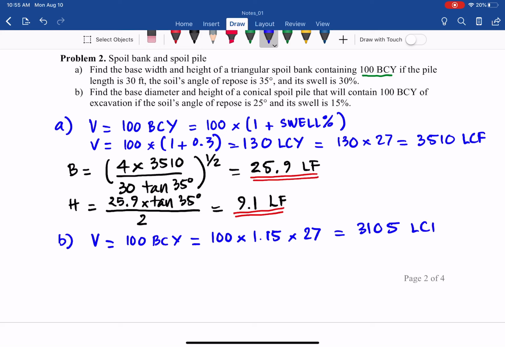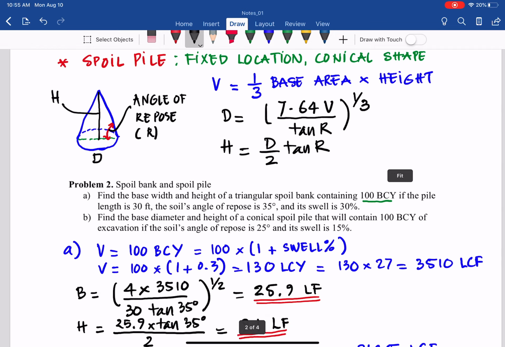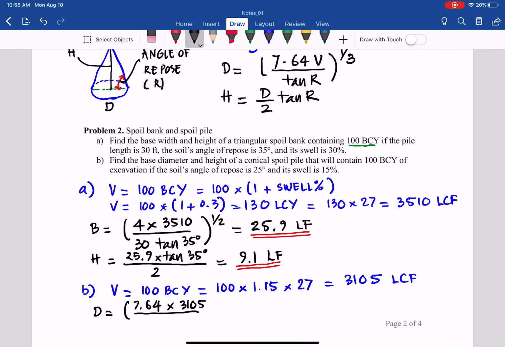So it will be 3,105 loose cubic feet. And we apply the equation, in this case for the base diameter, so you can find D equals the cube root of 7.64 times volume 3,105, over tangent of 25 degrees. That equation we have here, everyone sees that, right? So you have 37.1 linear feet.